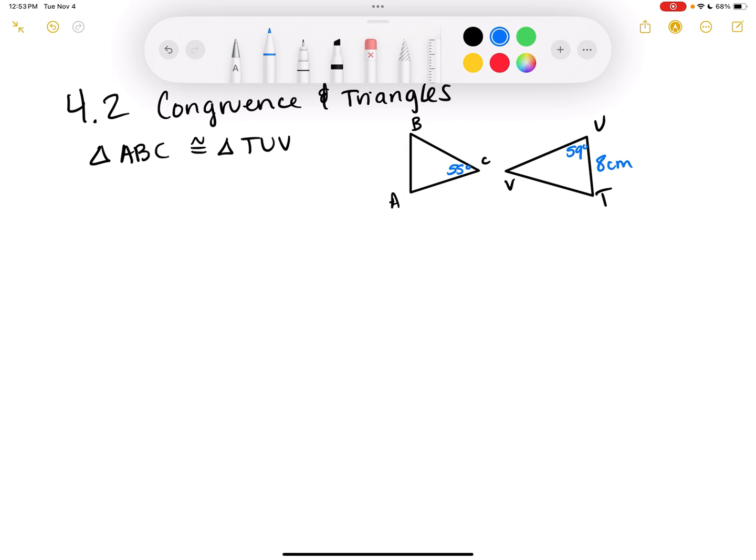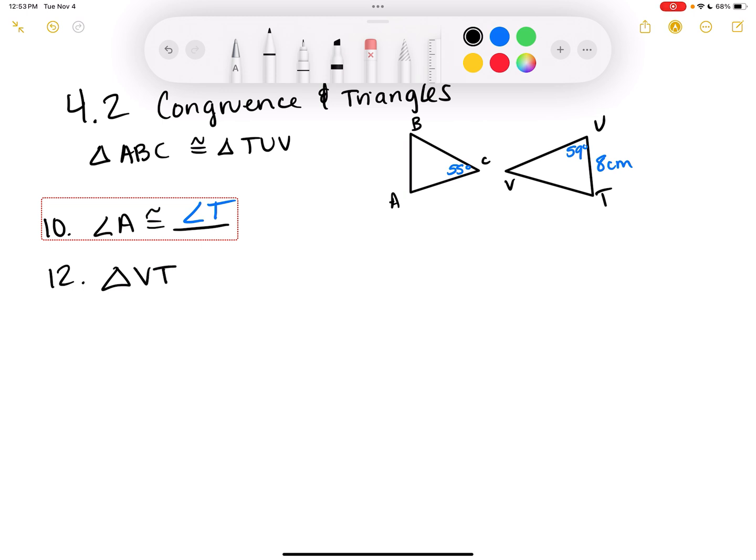All right, so then we're just completing the statement to answer the questions about these. So number 10, we have angle A is congruent to blank. So angle A is congruent to what other angle? T. 12.